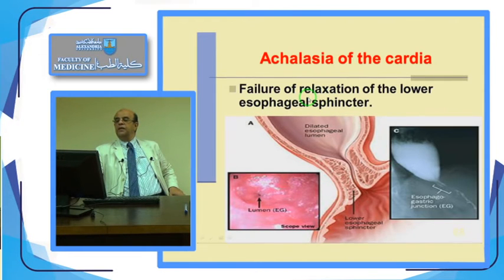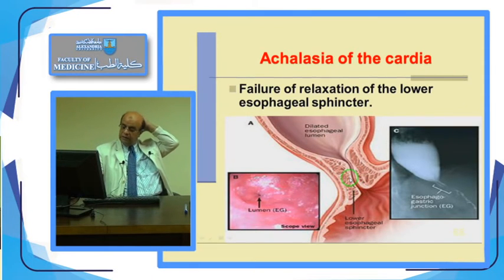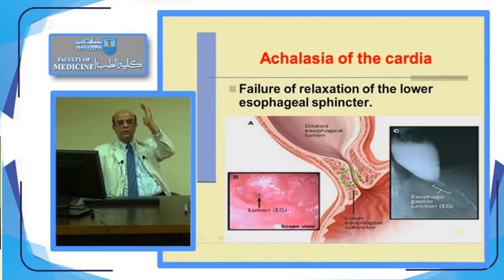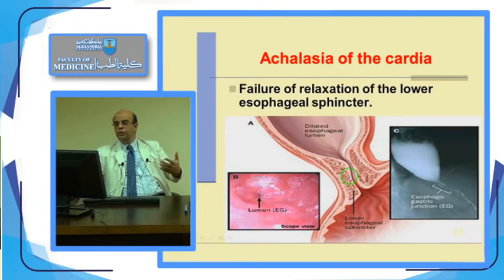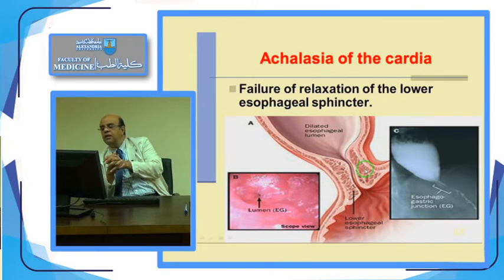Achalasia of the cardia is failure of relaxation of the lower esophageal sphincter. So this is the lower esophageal sphincter. It does not relax. The true cause is not known, but there is some nervous derangement of this area that prevents the lower esophageal sphincter from relaxing.